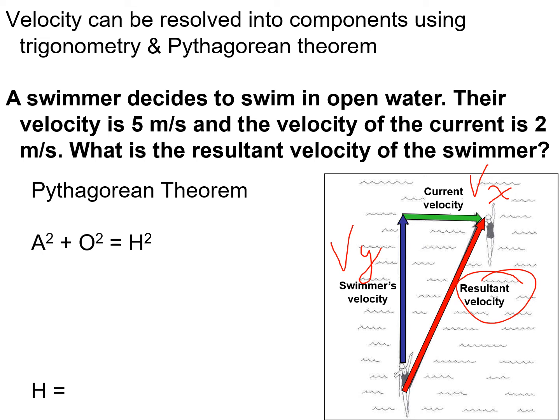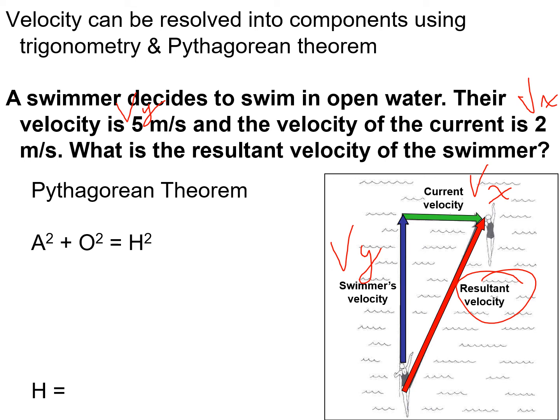So a swimmer decides to swim in open water. Their velocity is 5 meters per second. The velocity of the current is, once again, this is going to be our horizontal component. This is our vertical component. The velocity of the current is 2 meters per second. We want to determine the resultant velocity of the swimmer.